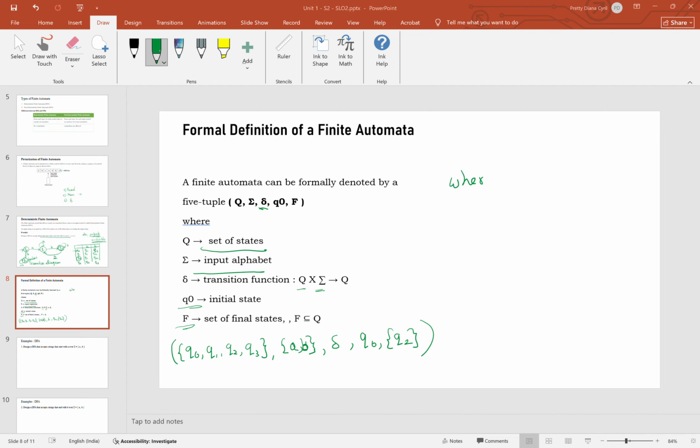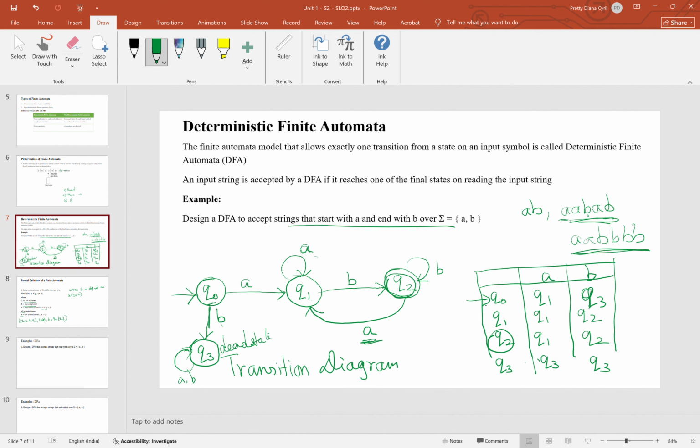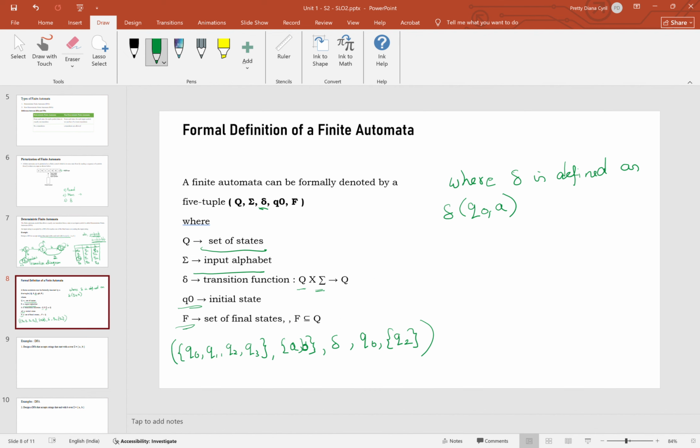Where delta is defined as delta of Q naught comma A. We have to write it from this table. What is Q naught comma A? It is Q1. And what is Q naught comma B? It is Q3.